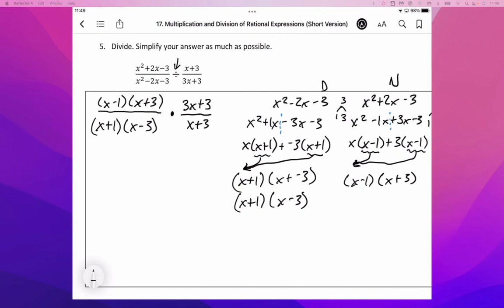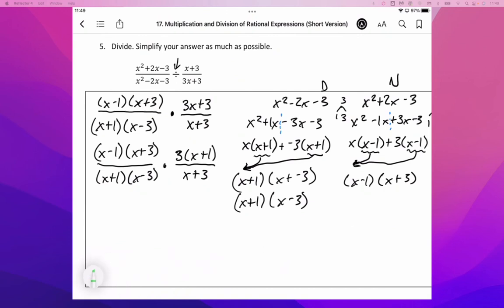And so on the right now, if I look at what I could factor out, I could factor a 3 out of my numerator. So factoring out a 3 leaves x plus 1 over x plus 3.